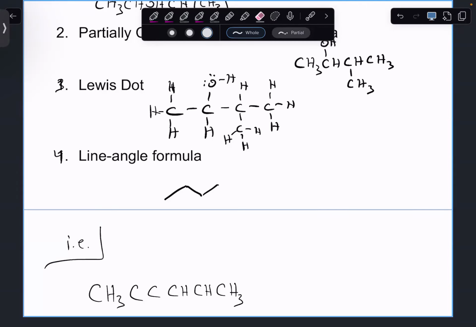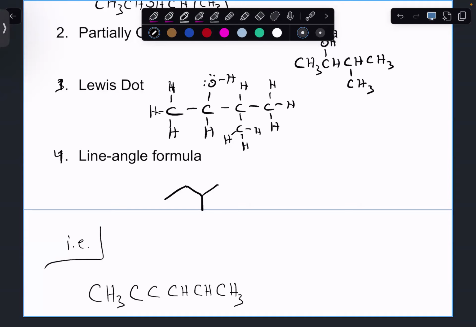And since it's just a CH3, I can do that with just putting a line. Right? Remember, anytime you have a line, that represents a carbon. So I'm just going to do that. And this point right there represents a 1 carbon group.